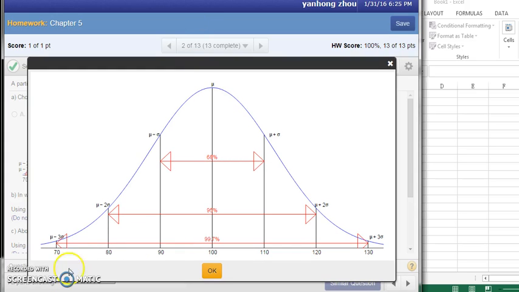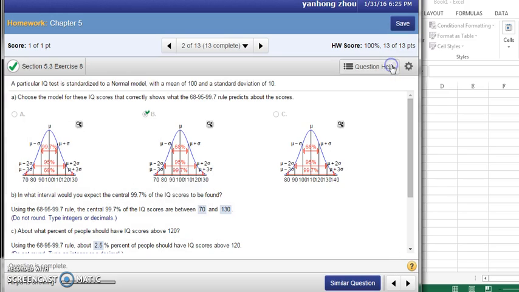Okay, so count the intervals 1, 2, 3. This means 3 standard deviations below the mean. That's this number. 1, 2, 3. 3 standard deviations above the mean. That's the large number. So the 99.7% is going to be from 70 to 130. So that's between 70 and 130.